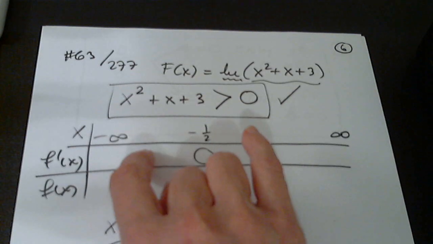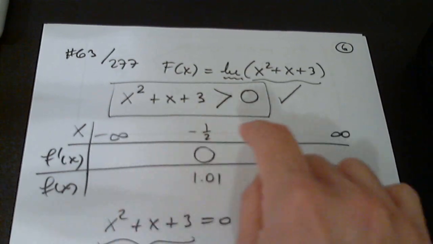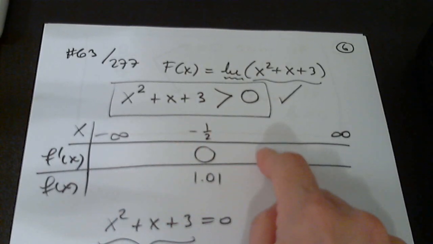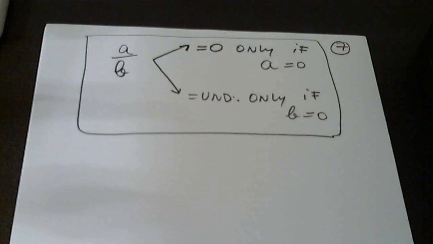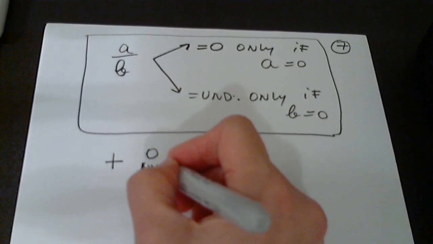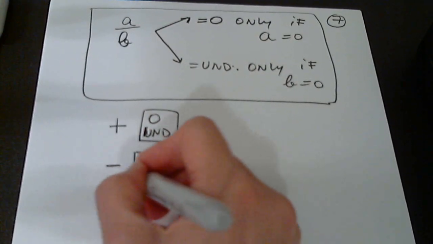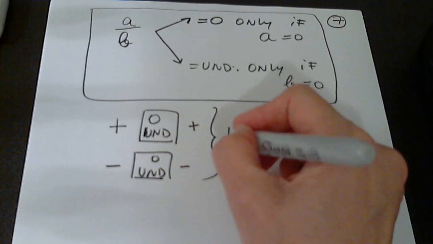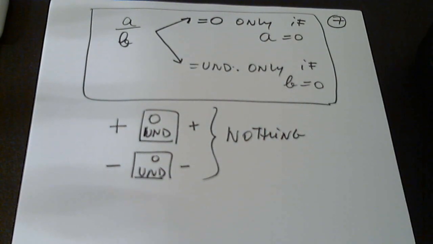Now I have to study the sign of the derivative left and right. If this is positive and this is negative, then this is a relative max. If this is negative and this is positive, then this is a relative min. Now, before we look at that, in this situation, positive, 0, undefined, positive, or negative, 0, undefined, negative for the derivative, nothing, neither max nor min.